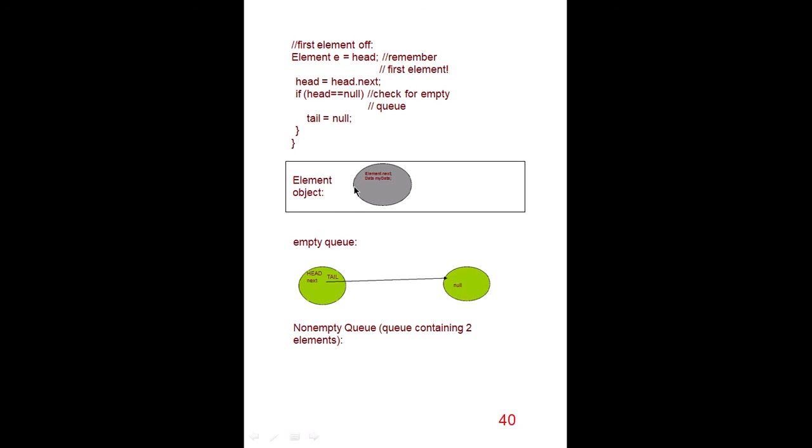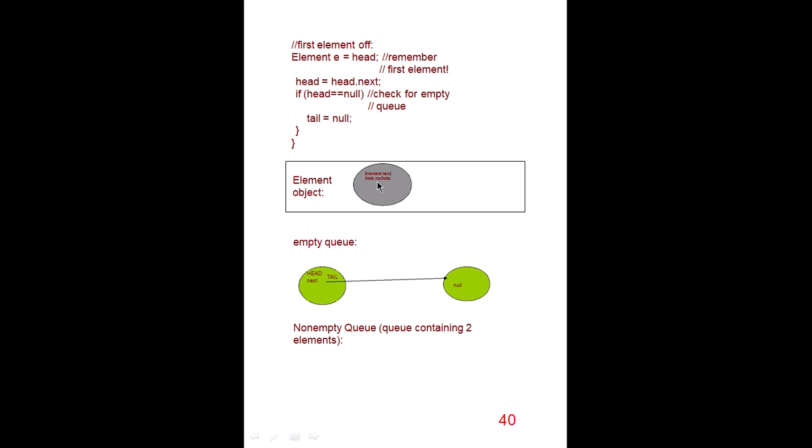I'm going to work with an element object, and it's just got two fields, and there's a variable called next, and that's going to be of type element. So already we've got a bit of a recursive definition of an object. An object can itself refer to the next object in the queue. It might not, because next might be null. It means that there isn't a second object.